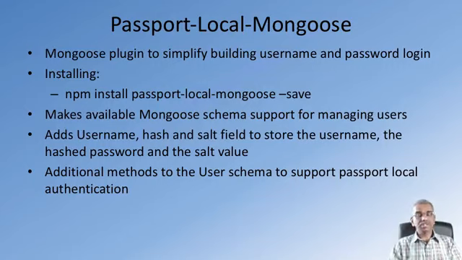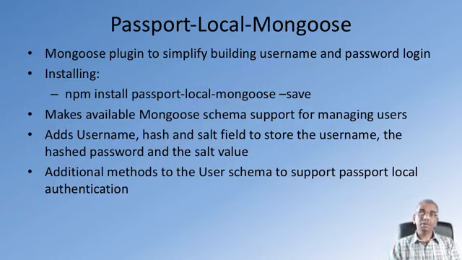The encryption is done by using hashing on the password that we use for registering users, and the hash itself uses a salt field. If you know anything about cryptography, the salt is a random string that is used for performing the hashing operation on the password for storing.